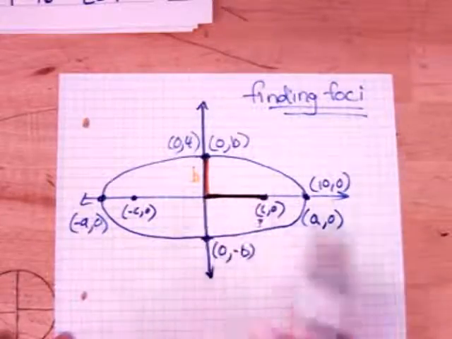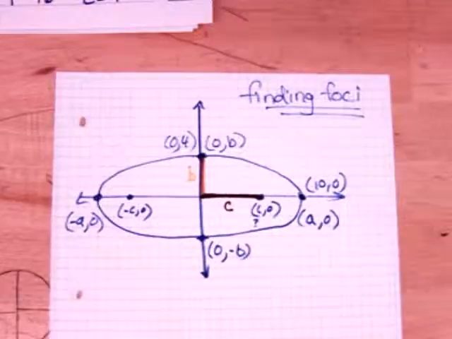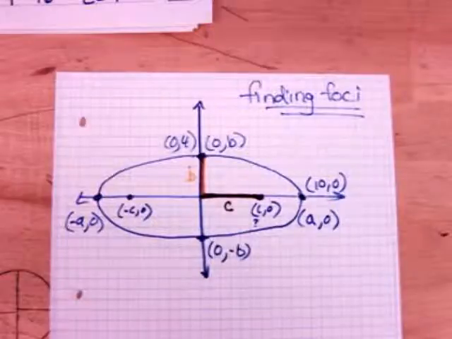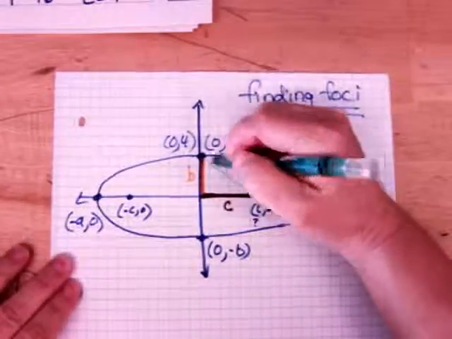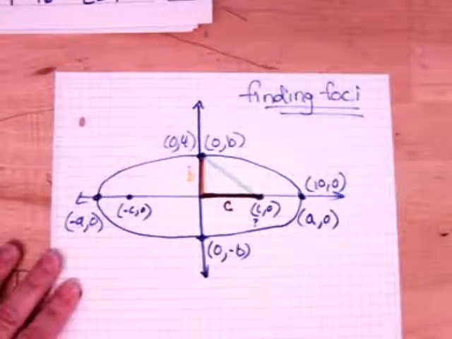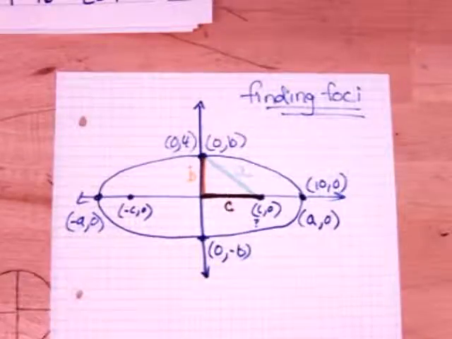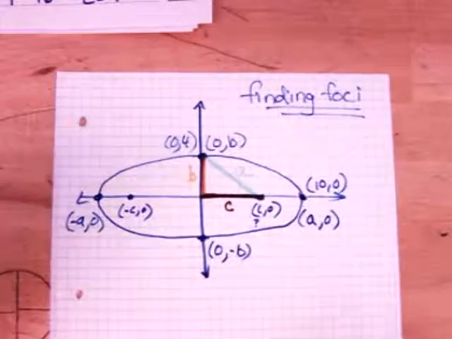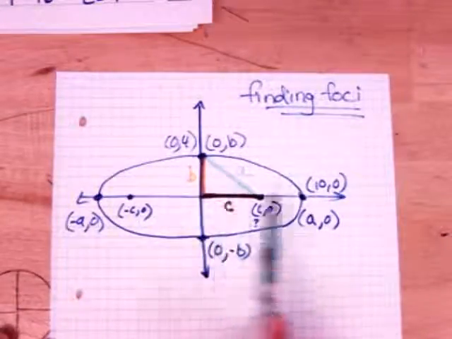Obviously, this is one we don't know. It is c. Now, let me tell you that the length of this segment is actually, don't guess, it is a. If I were to take this segment, lay it down flat, it would go from (0, 0) to a.